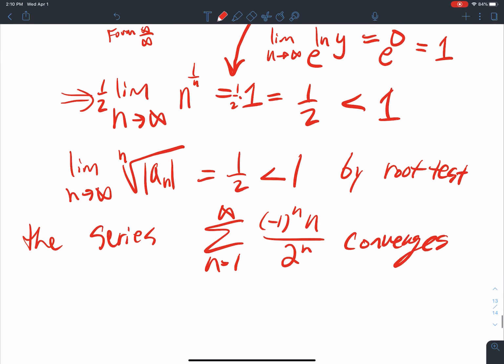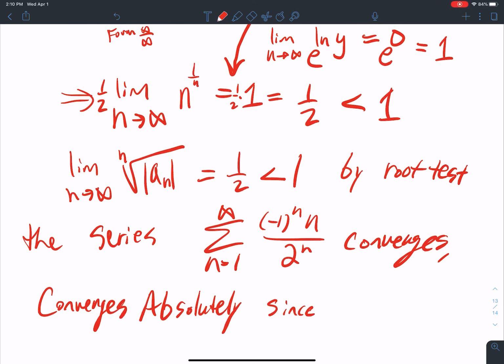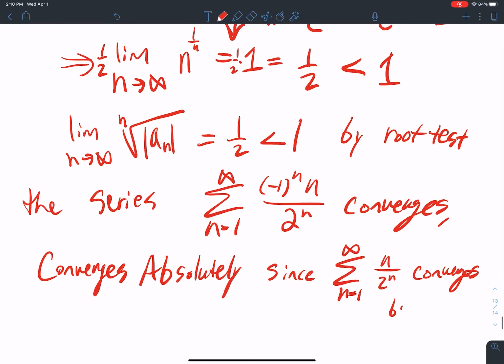Not only does that converge, it converges absolutely, since the series from n equals 1 to infinity of n over 2 to the n converges by the root test.